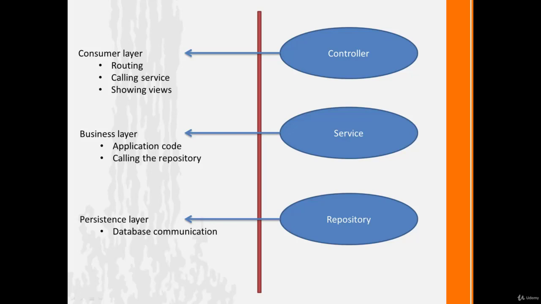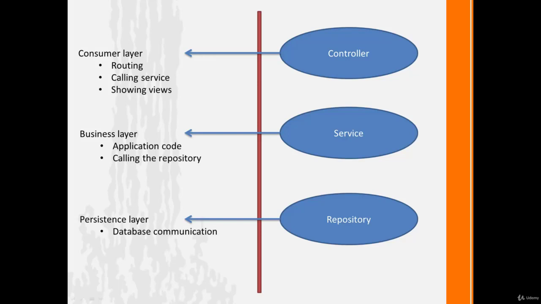But if there's some sort of business logic going on here, it could be that the user posted some data from an HTML form. Well, then that data would have to be sent to the service layer to be modulated or intercepted or sanitized or whatever you want to do. That is the service layer.